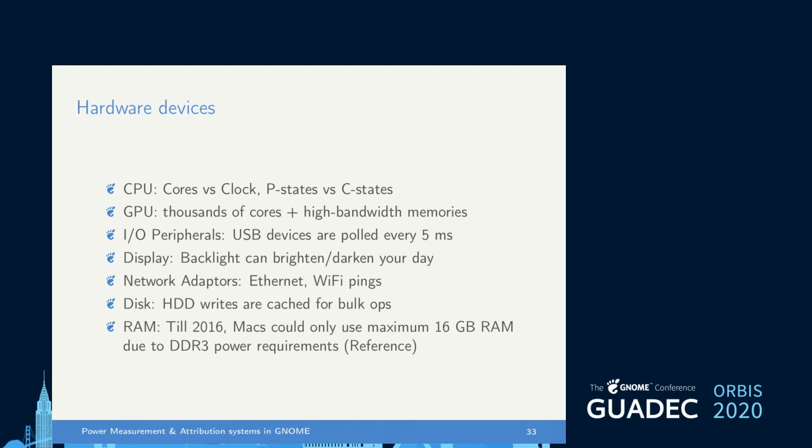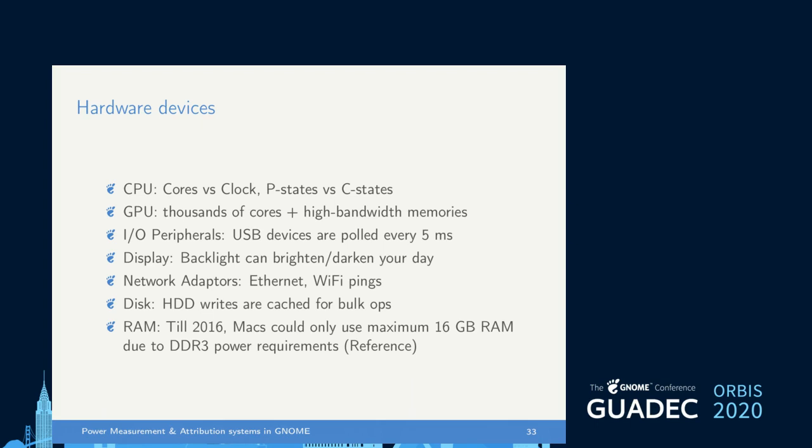All right, so I'm going to skip this. So basically, these are the hardware devices which actually need these kind of computations in the first place, okay? And one interesting tidbit that I would like to cover here is that till 2016, Apple could only release MacBooks which supported a maximum of 16 gigabytes of RAM. Can you believe it? Why was this so?